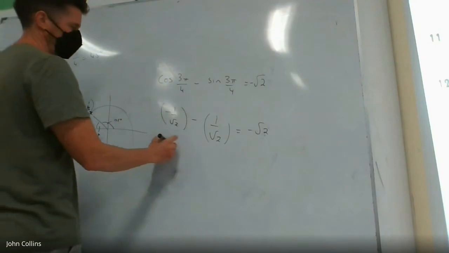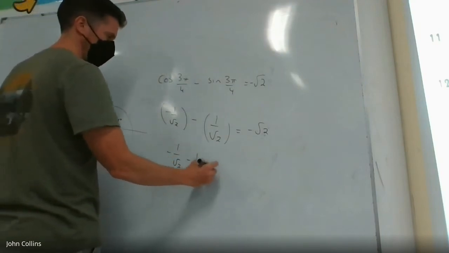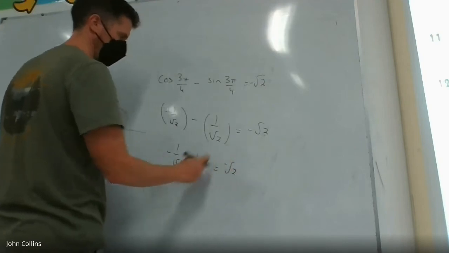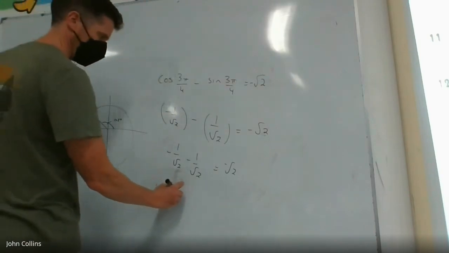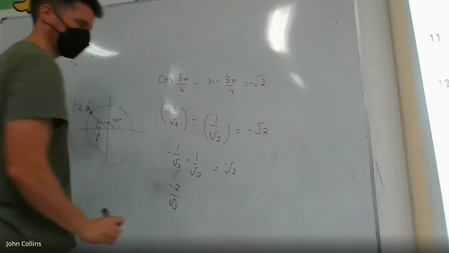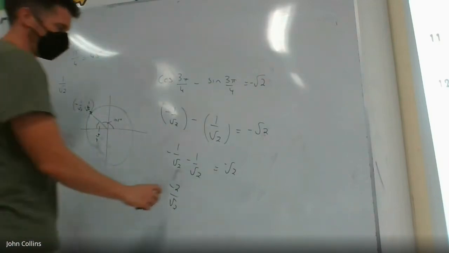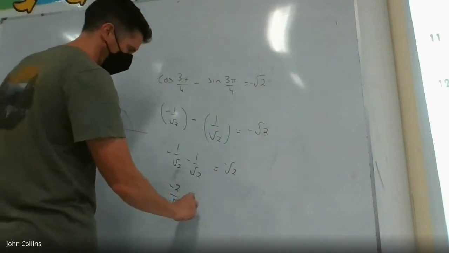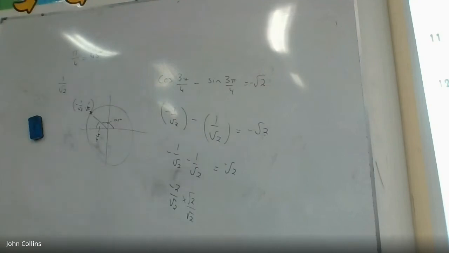So we end up with negative 1 over root 2 minus another 1 over root 2 on this side. We leave the right hand side. Common denominator is root 2. I have minus 1, minus 1. I think that's going to be minus 2 over root 2. And then I don't like a root in the denominator, so I multiply by root 2 above and below.